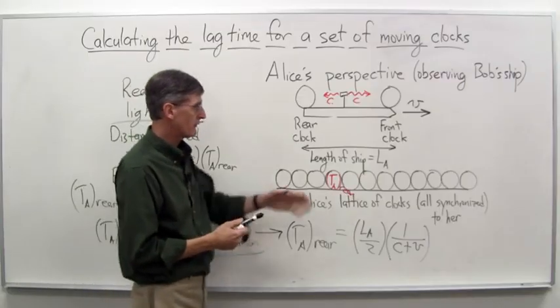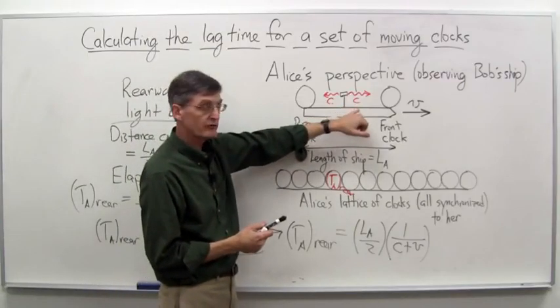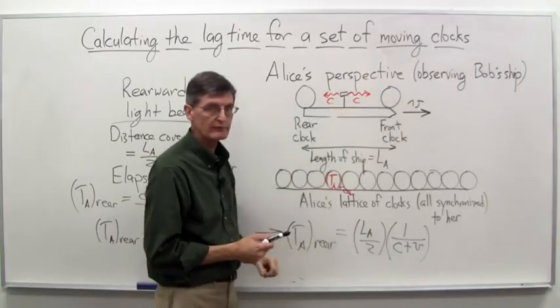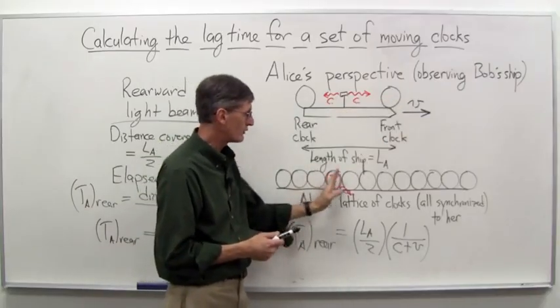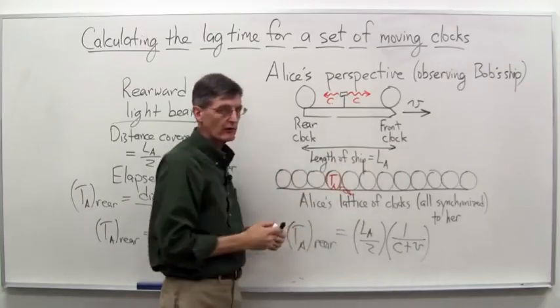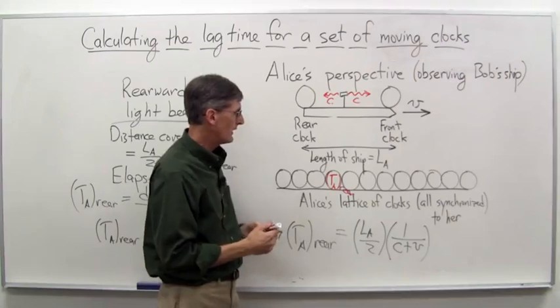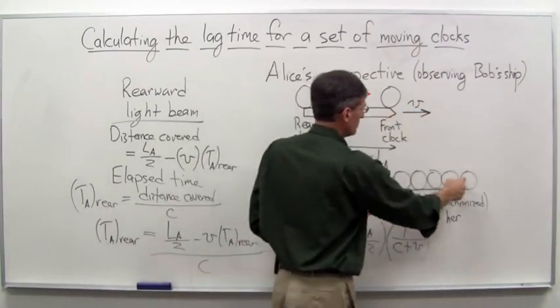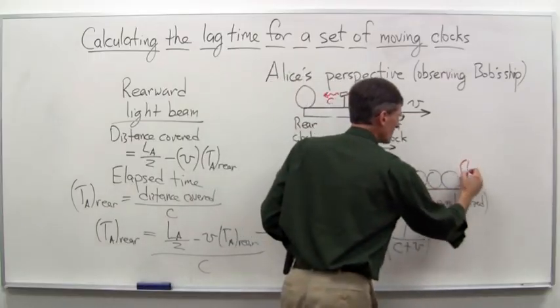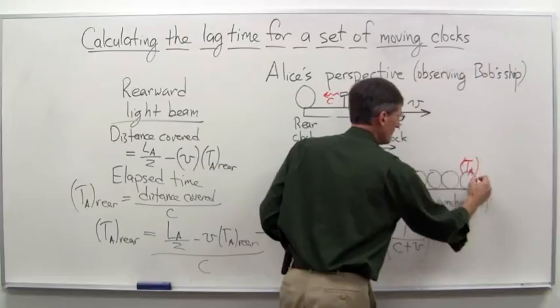And then, of course, as we've been arguing qualitatively, she has to wait a little bit longer for the frontward going light beam to hit Bob's front clock. And so maybe that occurs a little bit later on in terms of her lattice of all synchronized clocks here. Maybe we'll go out to our far one here. That occurs at, we'll call that T sub A front.